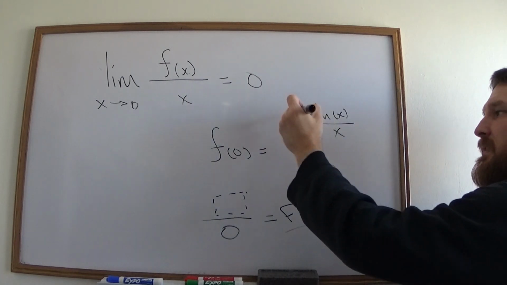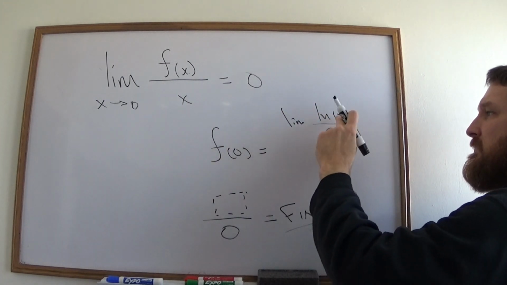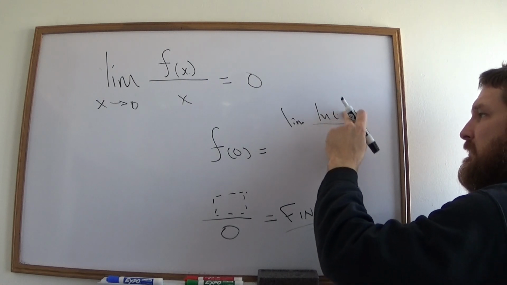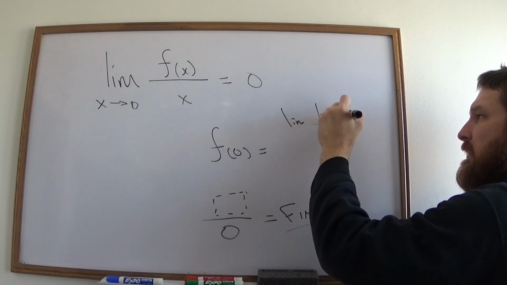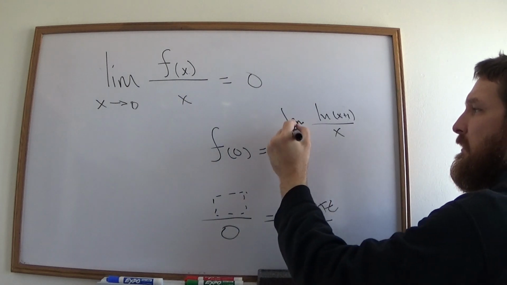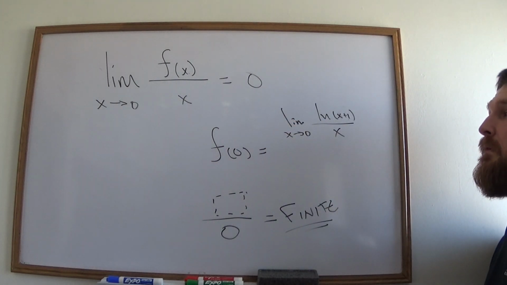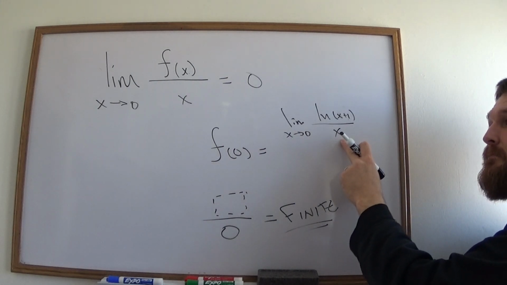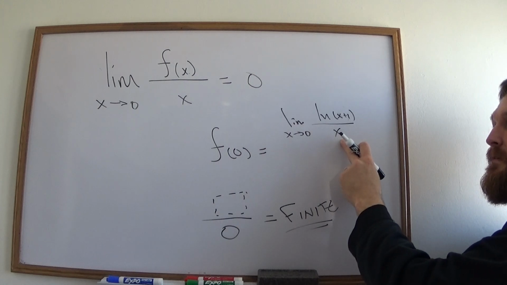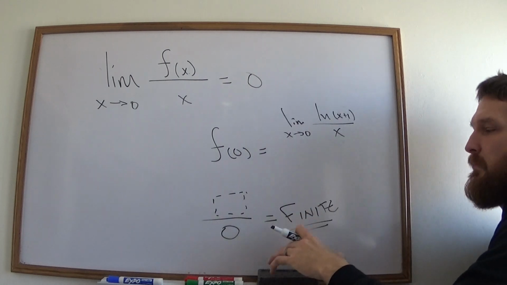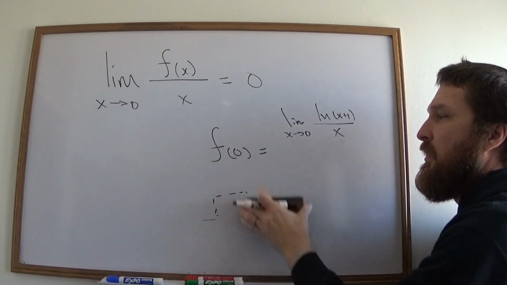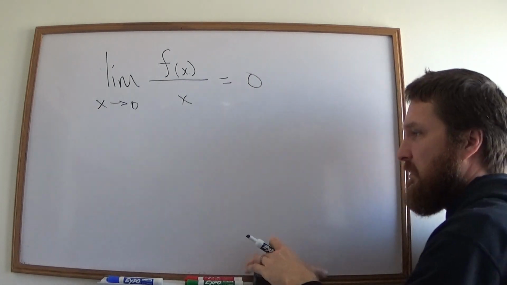Take log of x plus 1 over x, as x goes to 0. Both of them go to 0, but the numerator goes way faster. Let's just do this because it would be great practice for L'Hopital's rule.